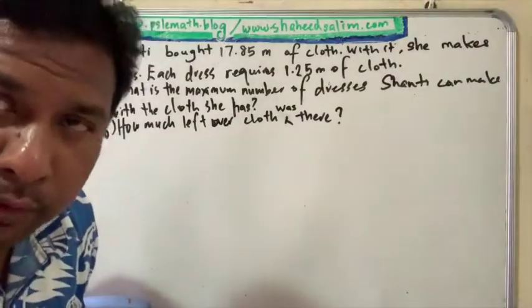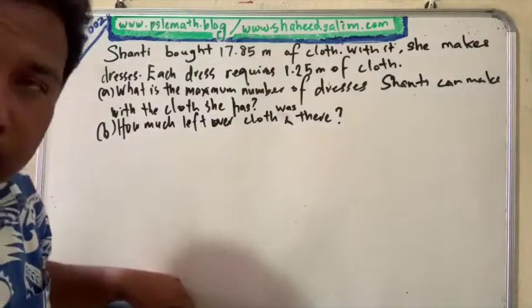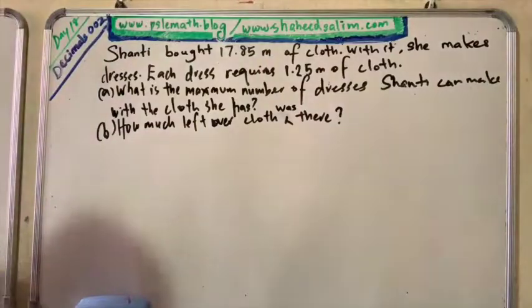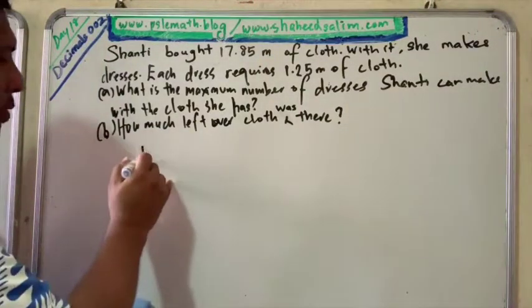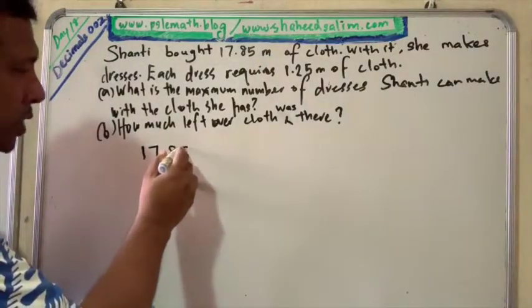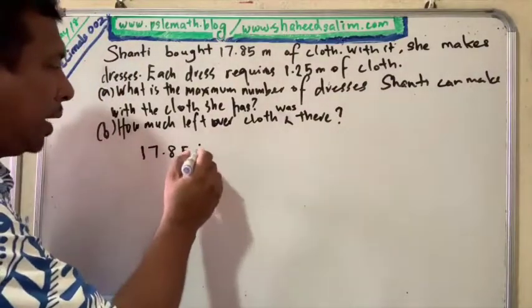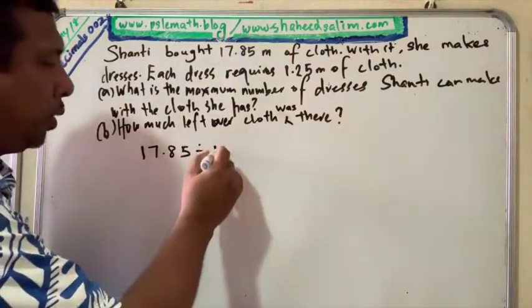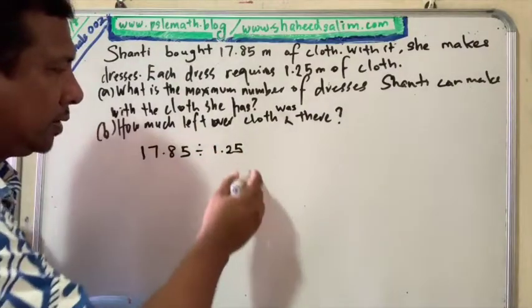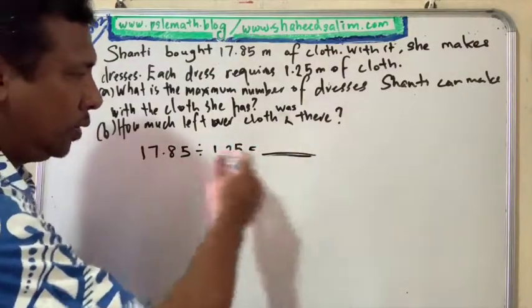How do we solve this? This is actually similar to the last question. We just need to take 17.85, which is the amount of cloth Shanti has, divided by 1.25 meters, and then you get your answer.